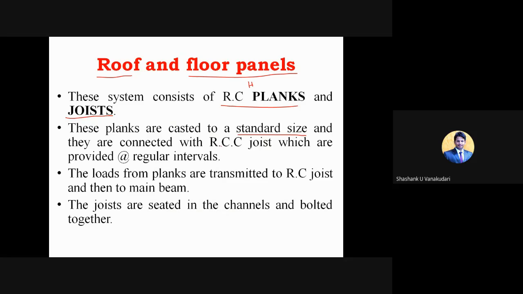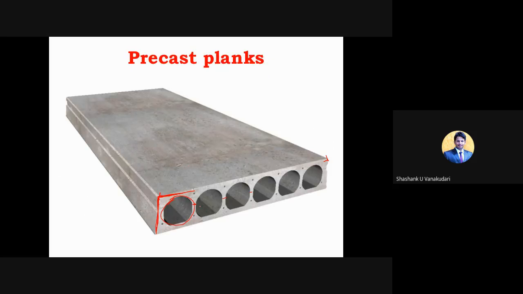They are connected with RCC joists which are provided at regular intervals. In this particular hollow portion, the joist members, the vertical members, will come and fill it. These are the RC planks, and within them the joist member will come, so that whatever load comes on the RC planks is transferred to the RCC joist.